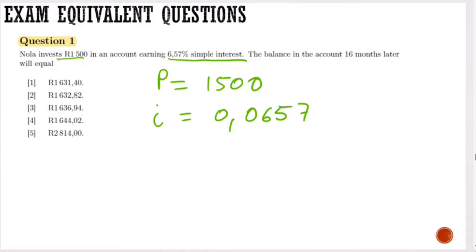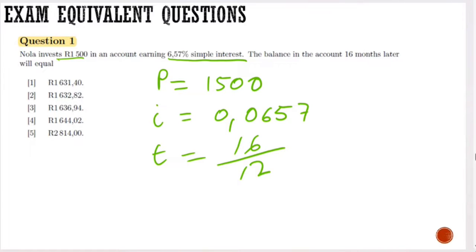The balance, you're asked to calculate the balance in the account 6 months later. So now T is equal to 16 months. That means you've got months. This is 16 divided by 12, because now remember we are working with 12, okay, to make it an annual figure.